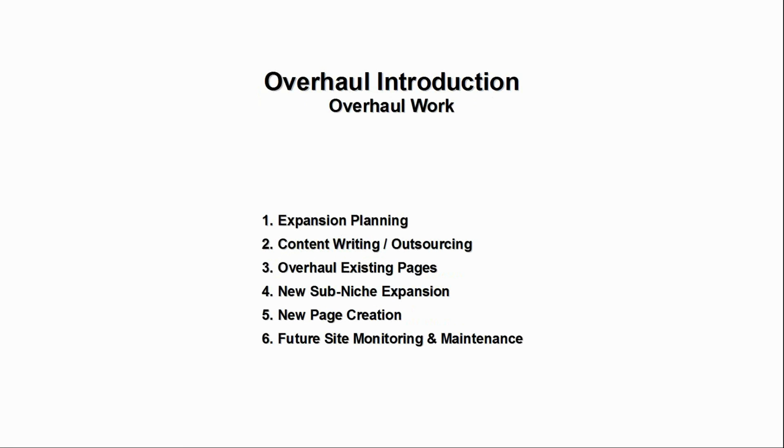You're welcome to reverse this process if you want to and just do your content writing as you progress through your overhaul work. It will just kind of depend on your own personal preference and may even depend on how much overhauling you're going to be doing.